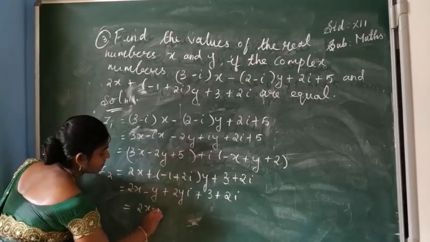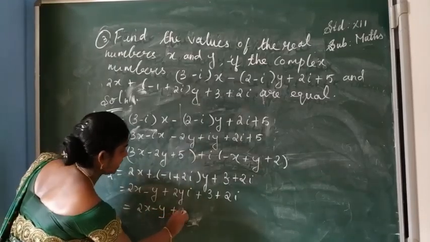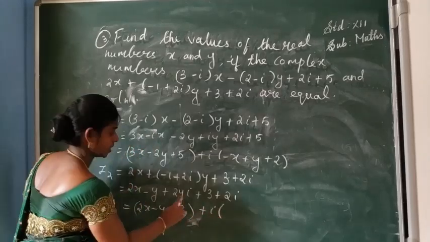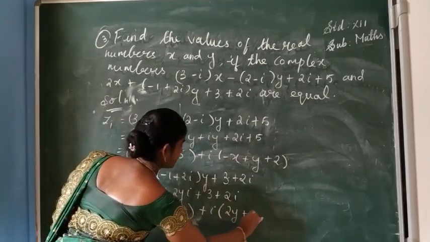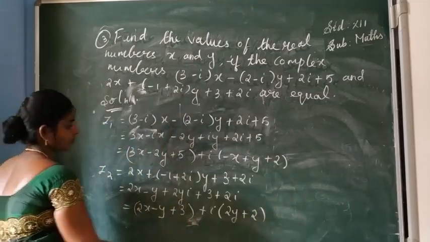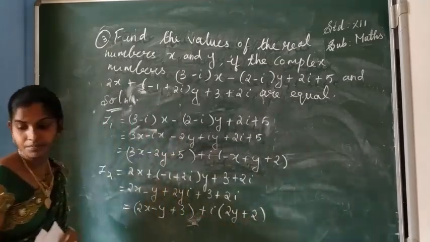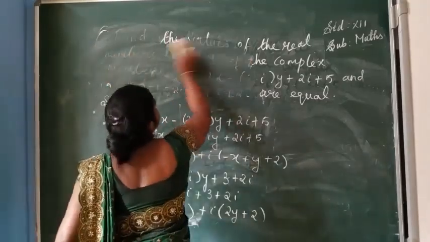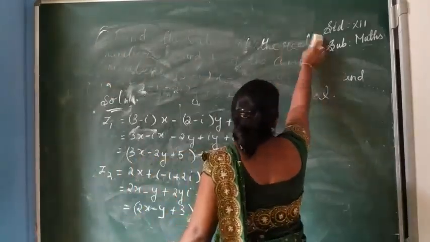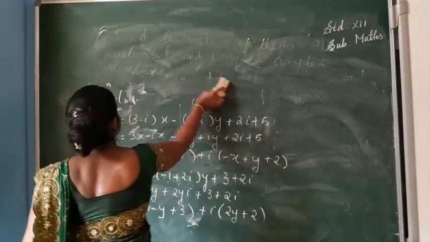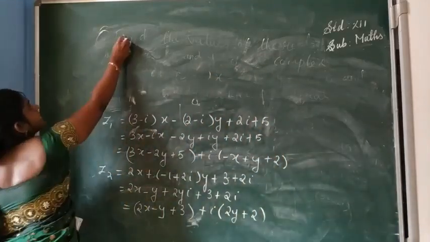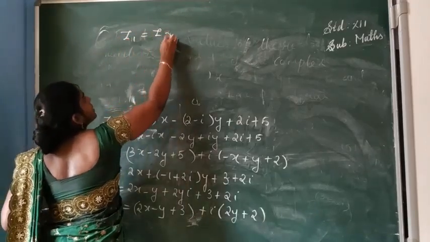So 2x minus y plus 3 plus i into 2y plus 2. z1 is equal to z2.